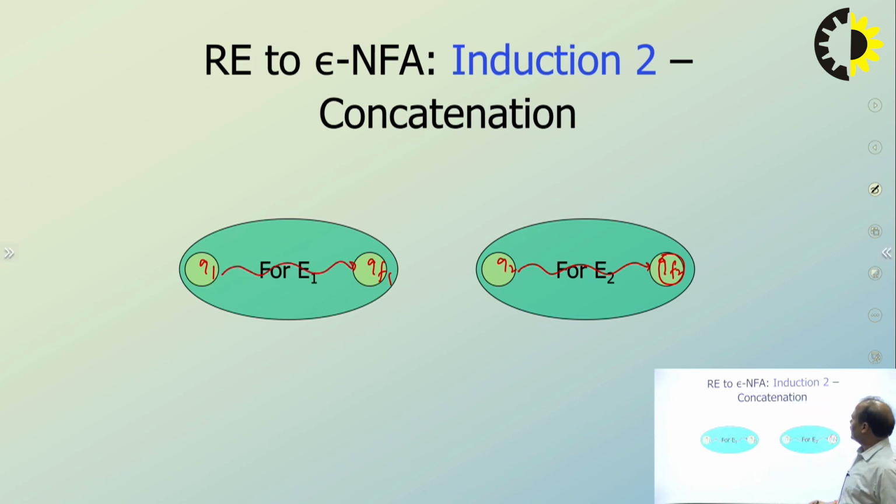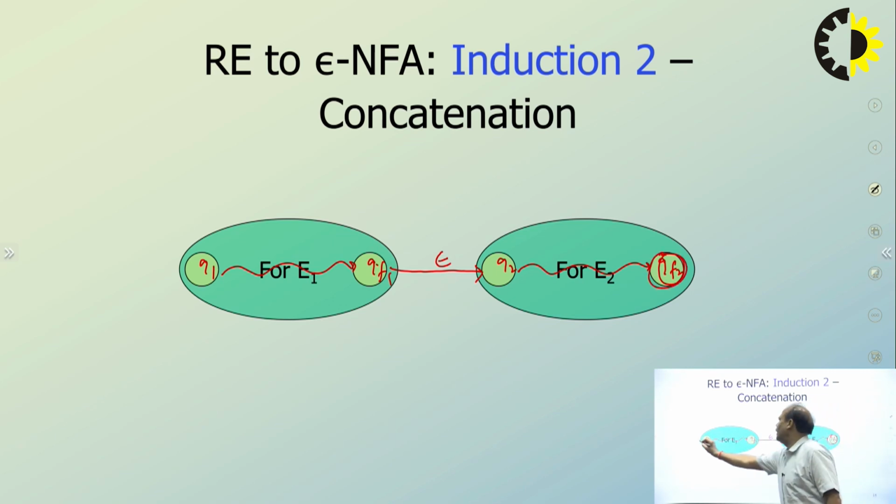In this concatenation, from the final state of the first finite automata to the starting state of the second, we just write an epsilon move. Only one additional transition is required. Finally, this is the final state, this is not final, and this will be the starting state.